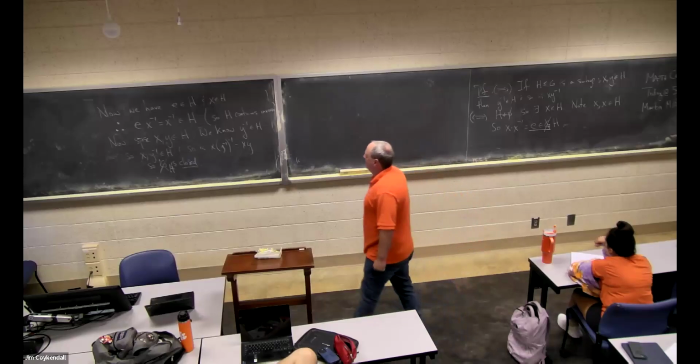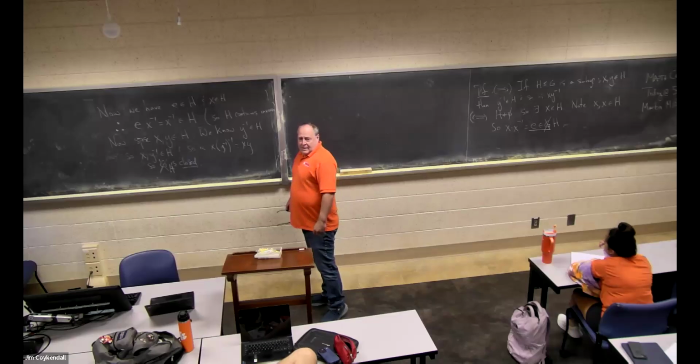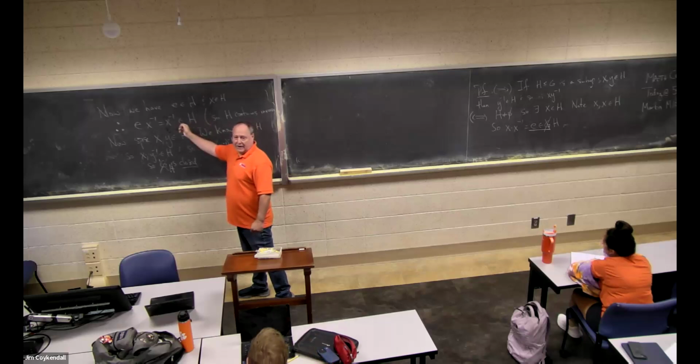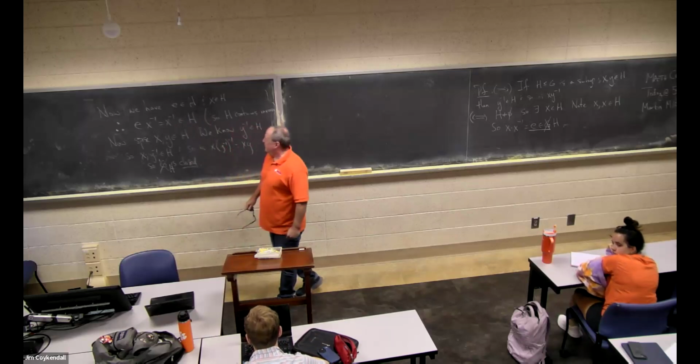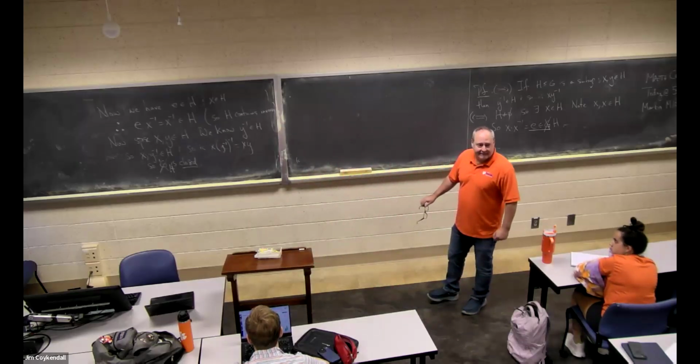Why does having the identity and X in H mean that the identity times X inverse is in H? That's the property that we assumed. We assume that if you have any pair of elements, Bill and Fred, then Bill times Fred inverse has to be in H. So my two elements here are the identity and X. Okay, right, that makes sense. Other questions?